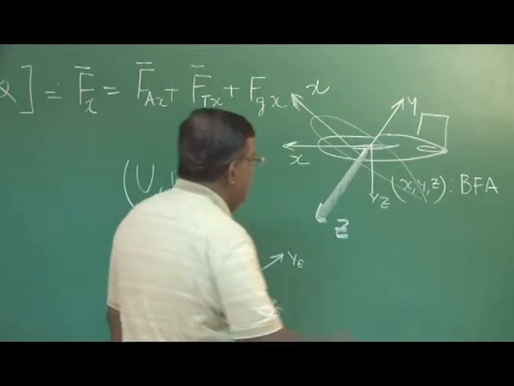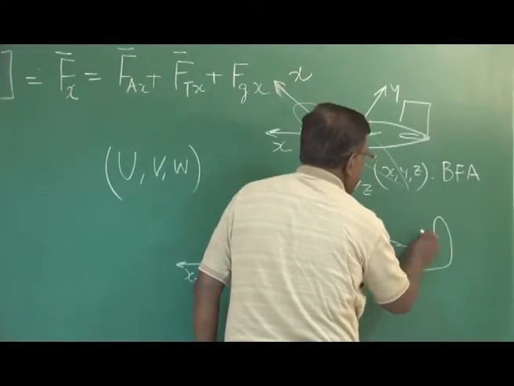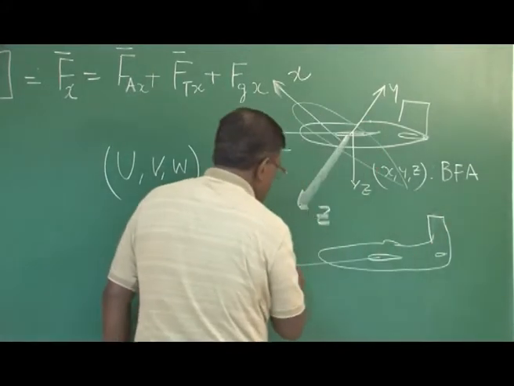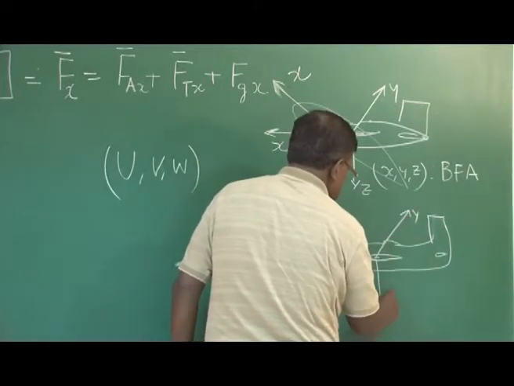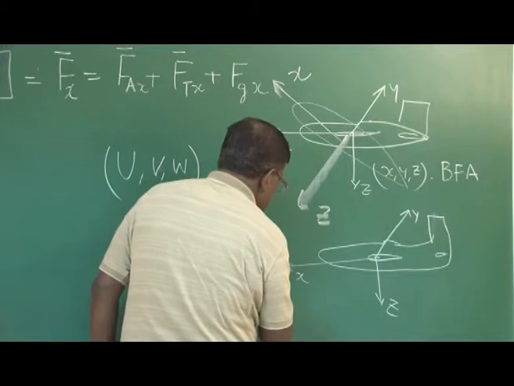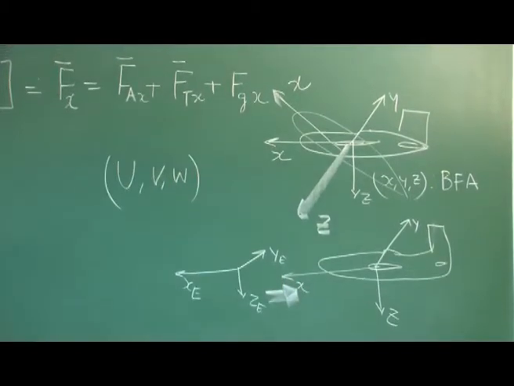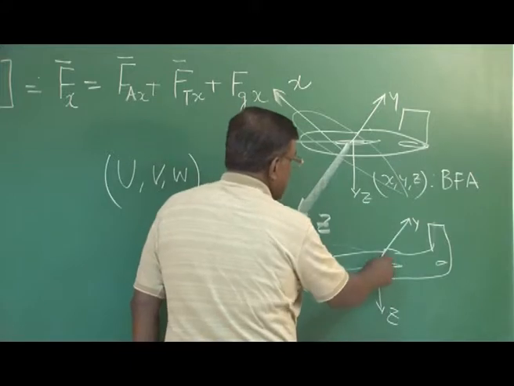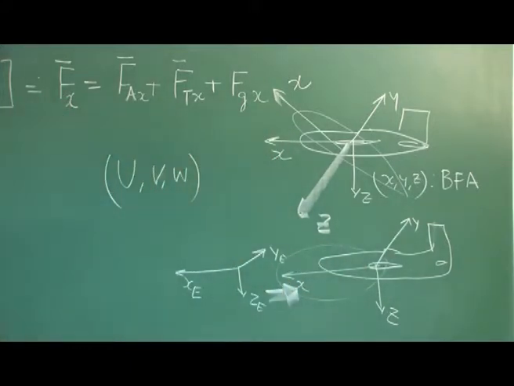Just to give an example, suppose this is the airplane and this is x, this is y, this is z, and let's say relative wind is coming like this, it's relative air velocity, then you could see that force along x direction is primarily the drag or the thrust.